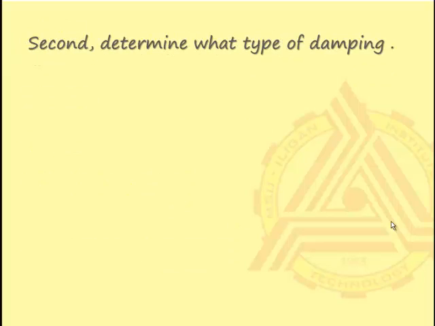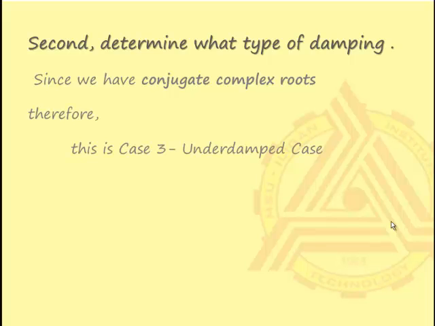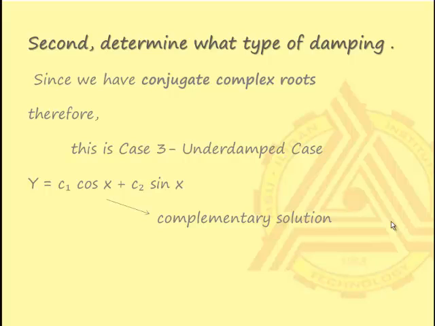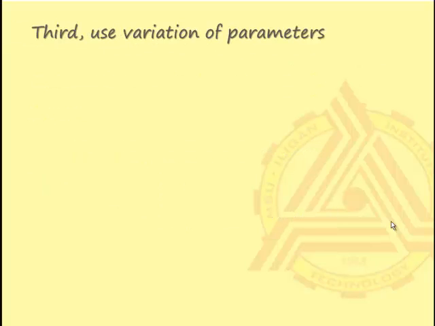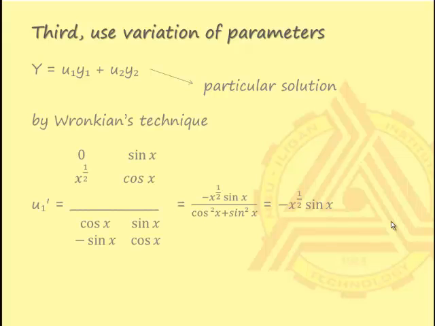Second, determine what type of damping. Since we have conjugate complex roots, this is case number 3, the underdamped case, and our complementary solution is y is equal to c1 cosine of x plus c2 sine of x. Third, use variation of parameters, and that is our equation for the particular solution.